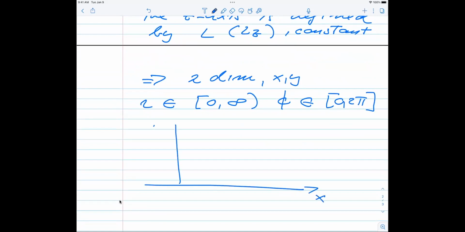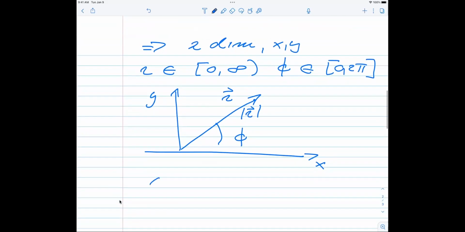We have x and y, and then we have the vector r, with its absolute value, which is r, the absolute value of r. And then we have an angle phi here, which means that x, in this specific case, is equal to r times cosine phi, and y has to be r times sine of phi.